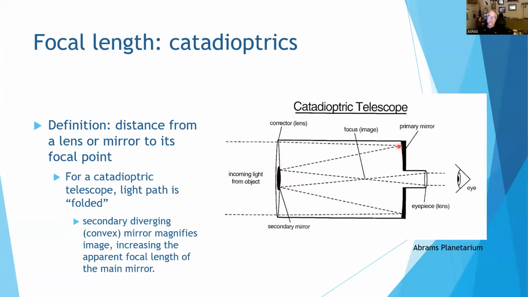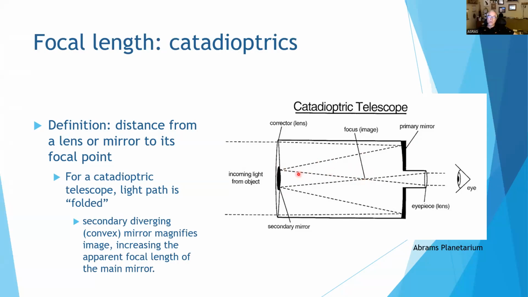So these light rays, if this had just been a flat mirror or a converging mirror, the focal point would have been in here somewhere. But because this is a diverging mirror, these light rays bounce off slightly wider than they would have and end up out here. And this extends the focal point.